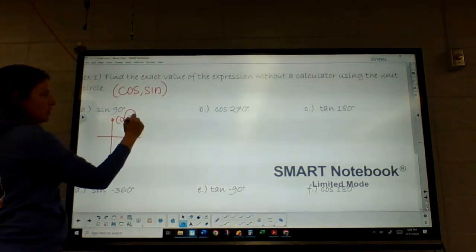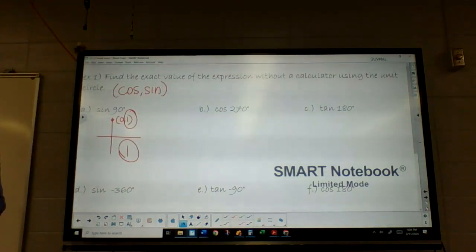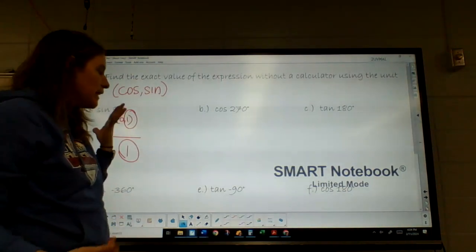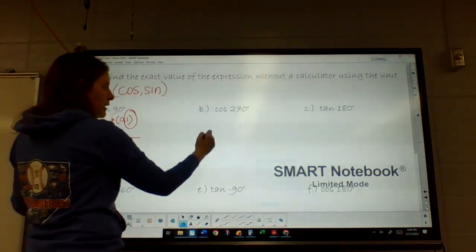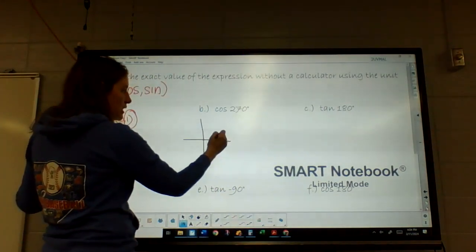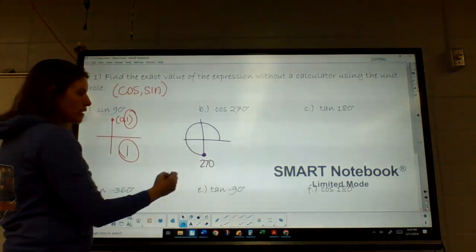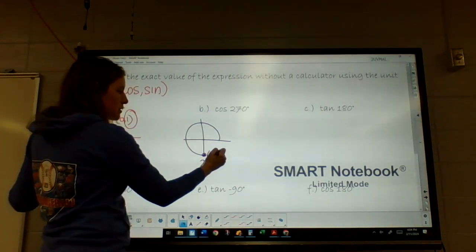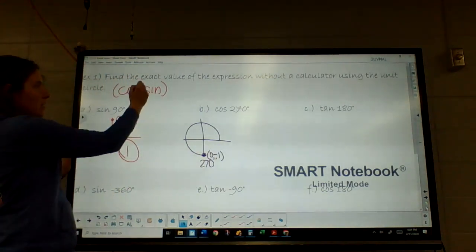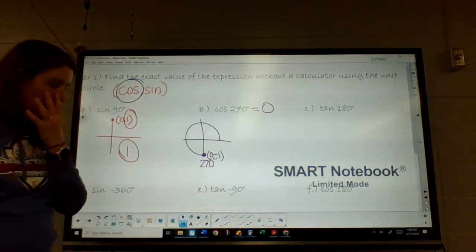So all I do is I look at that 1 and say sine of 90 would just be 1. These actually are a little bit easier once you get the hang of them. You can flip back to our sheet, but at the same time getting used to being able to do these. So you go here, so 270. This coordinate point, we don't go left or right at all, we just go down 1. Oops, that should be a -1 there. And cosine is just the first one, so this would just be 0.